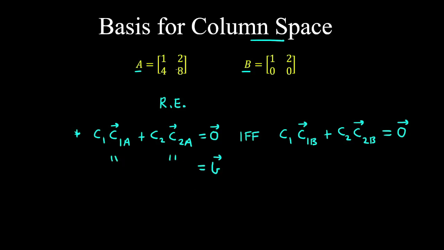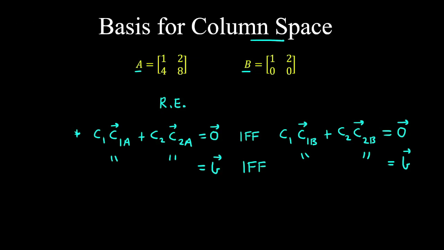So this set of column vectors 1, 4 and 2, 8 forms a basis for the column space of A if and only if the corresponding column vectors of B, which are 1, 0 and 2, 0, form a basis for the column space of B. So again, any vector in the column space can be expressed as a linear combination of the column vectors in B. And the column vectors of B must also be linearly independent to form a basis for the column space of B.